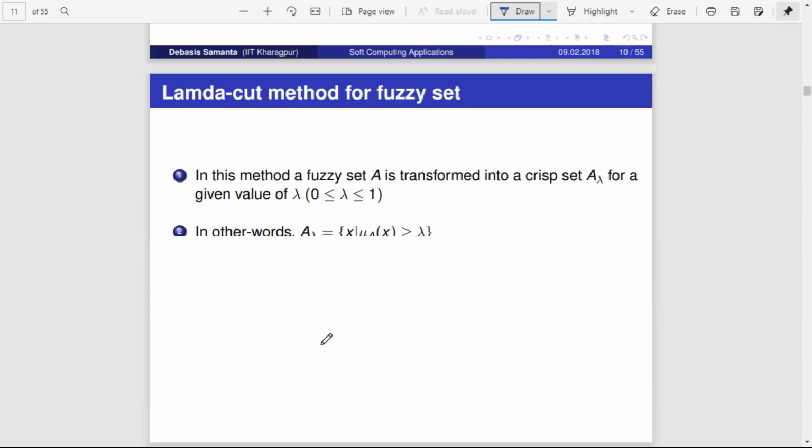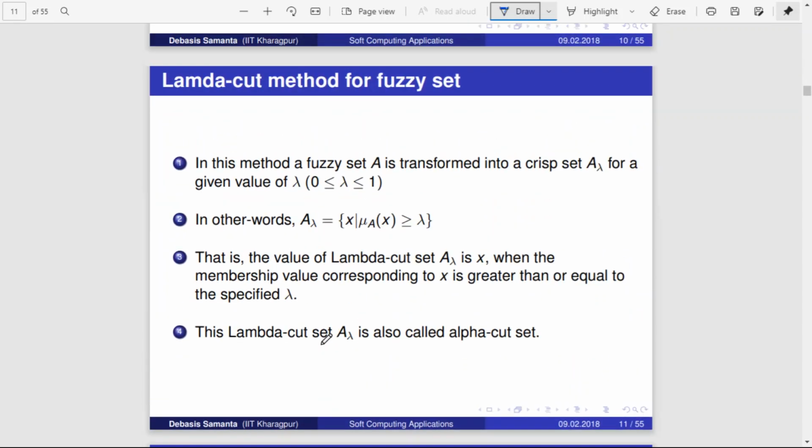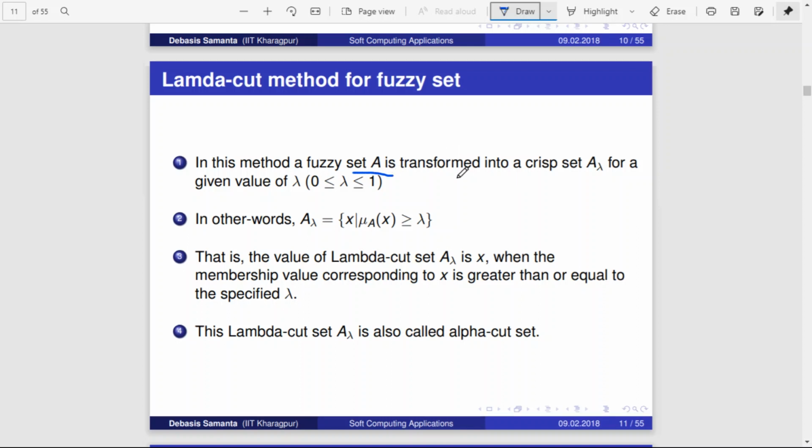So let us discuss the actual concept. Consider a fuzzy set A. The fuzzy set A is converted to a crisp set. That crisp set will be called A lambda, such that this lambda will take a value between 0 and 1.